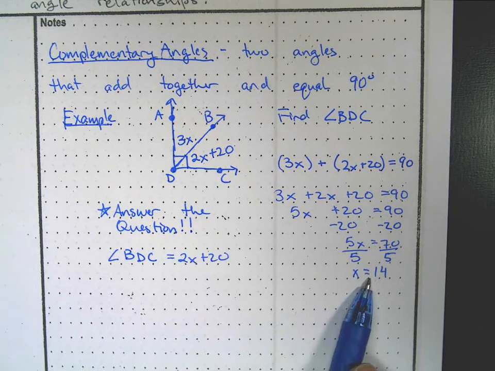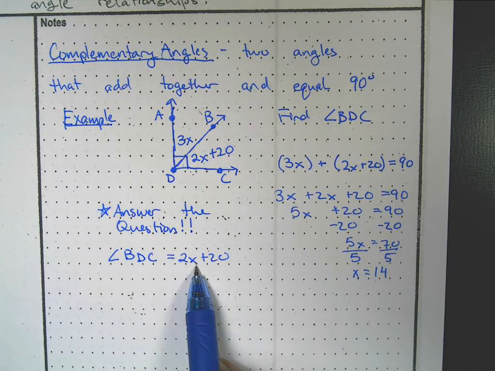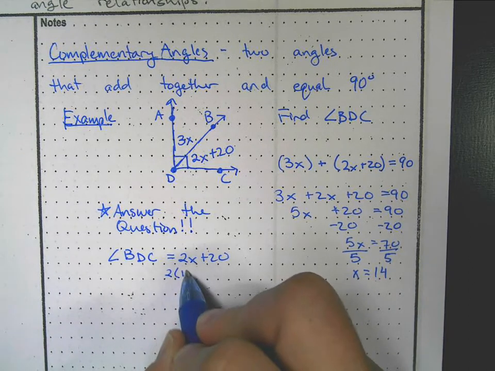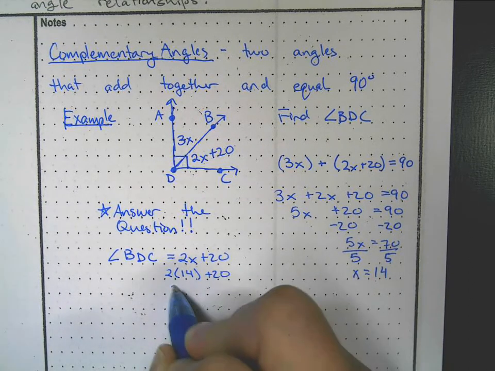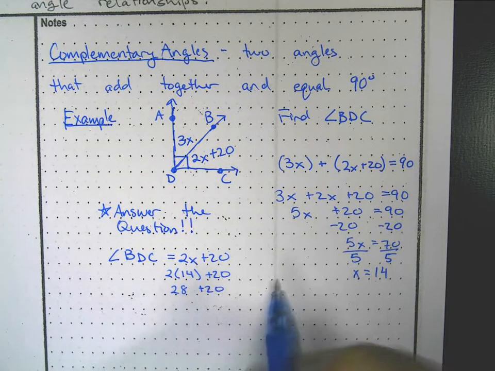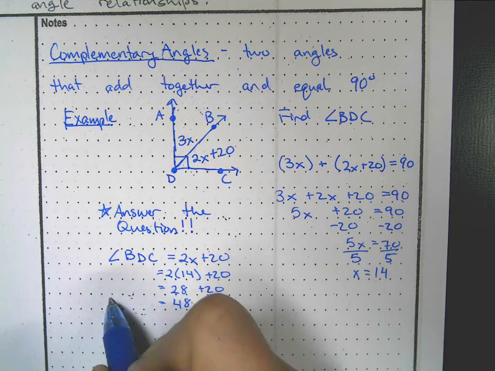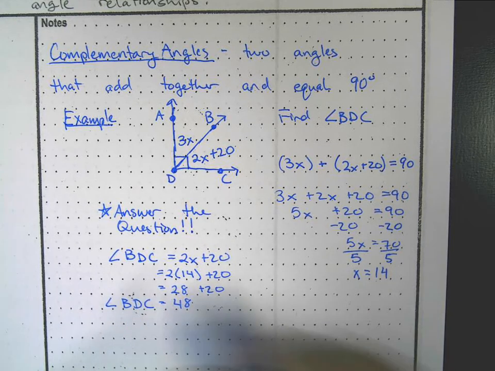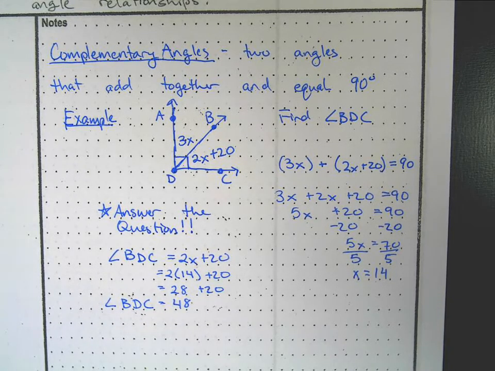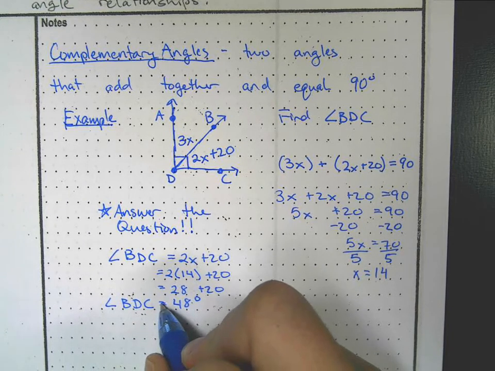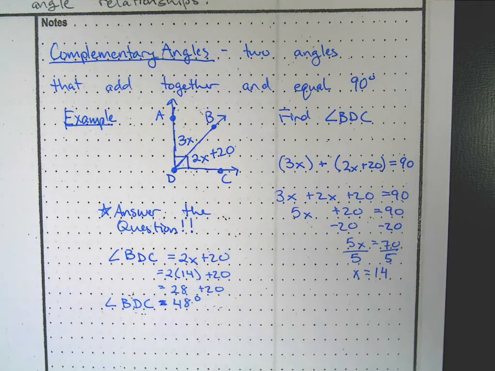And I know x equals 14, so I'm going to plug x in. So I got angle BDC equals 48 degrees. Okay, there we go. So that's for complementary angles.